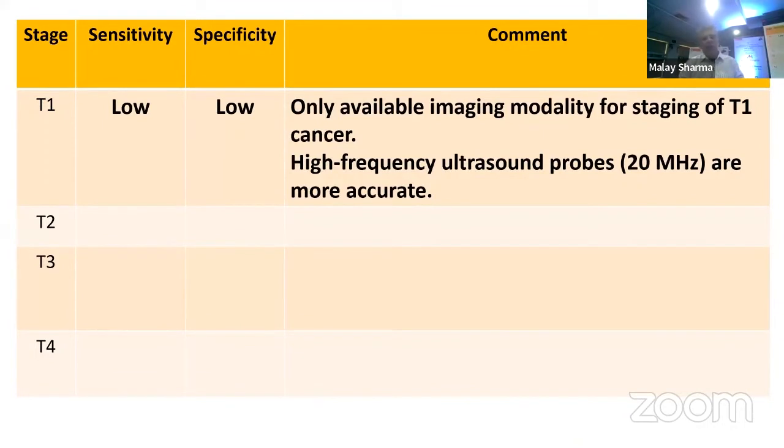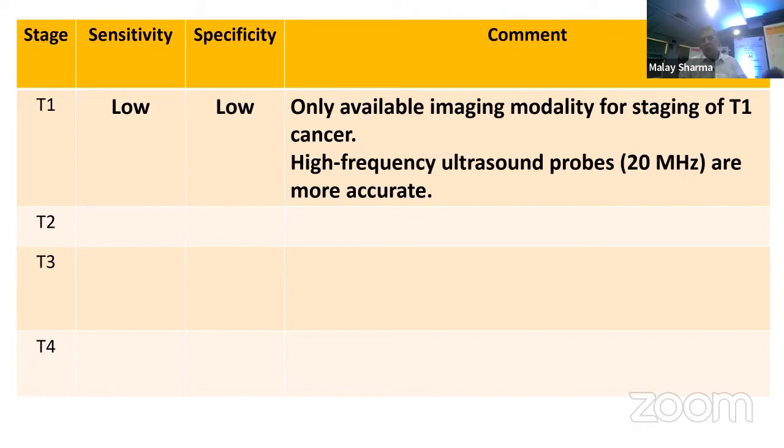So when we see a T1 tumor, it is only available for modalities like endoscopic ultrasound, and high frequency probes are considered more accurate. But today with the 13 megahertz probes available in US and tissue harmonic imaging availability, even the probes are pretty good.